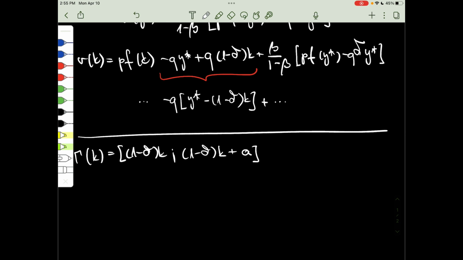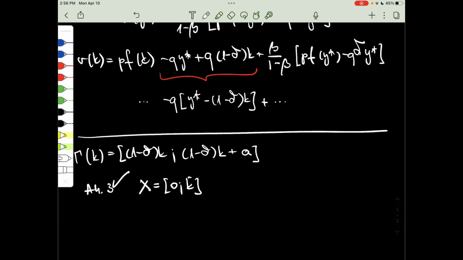Assumption 4.3 still holds because the state space is convex. It didn't change, the state space is given by a closed interval. So the state space is convex, gamma is non-empty, compact valued, and continuous.